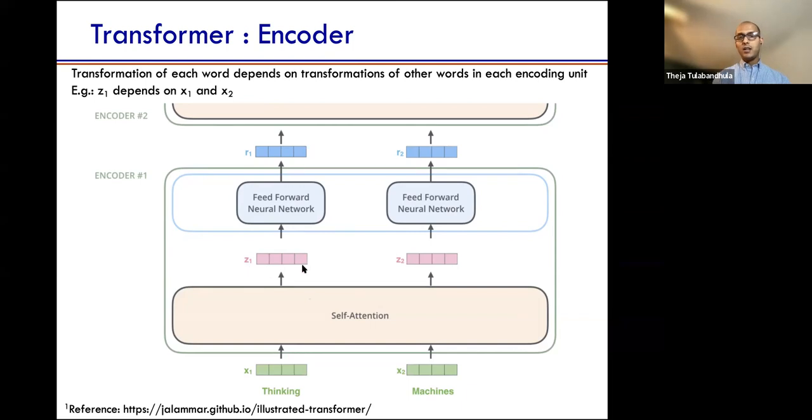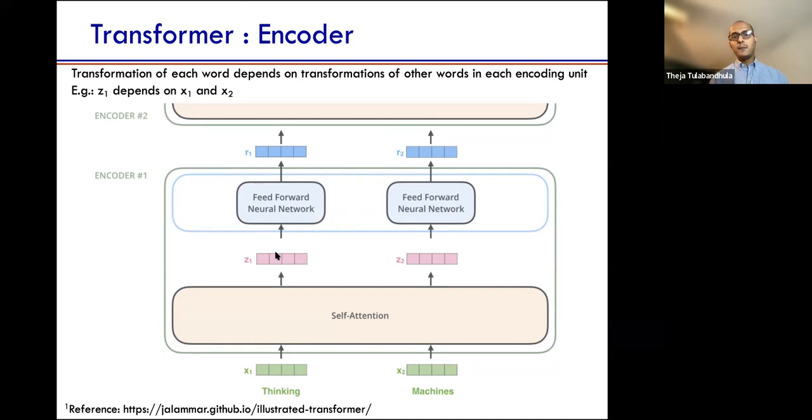Now the vector output at the self-attention layer has the interesting property that it depends not just on the input vector of the word that coordinate is related to, but it also depends on the other words. For example, z1 depends on both x1 and x2. Here I changed the input sentence from the French sentence to an English input for simplicity.